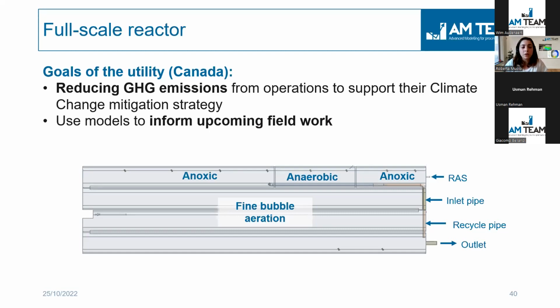So basically, we are doing this project together with this Canadian utility because their ultimate goal is to reduce their carbon footprint, so the greenhouse gas emission from operation, to support their climate change mitigation strategy. And we are currently collaborating, and we are using the CFD N2O model to inform upcoming fieldwork to help them and support them in the next measurement campaign.